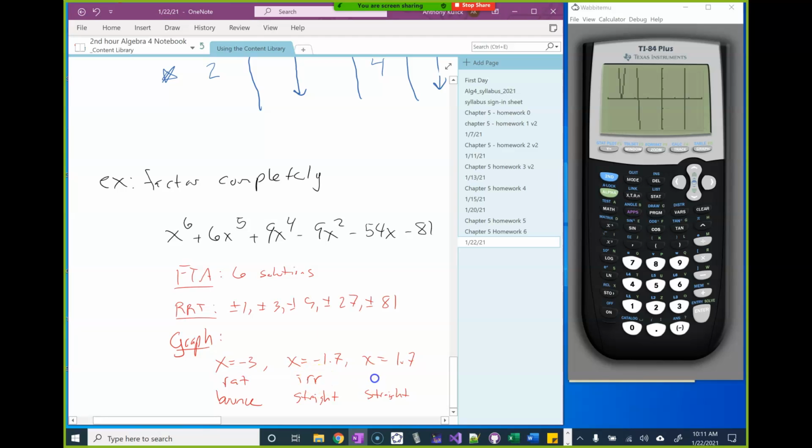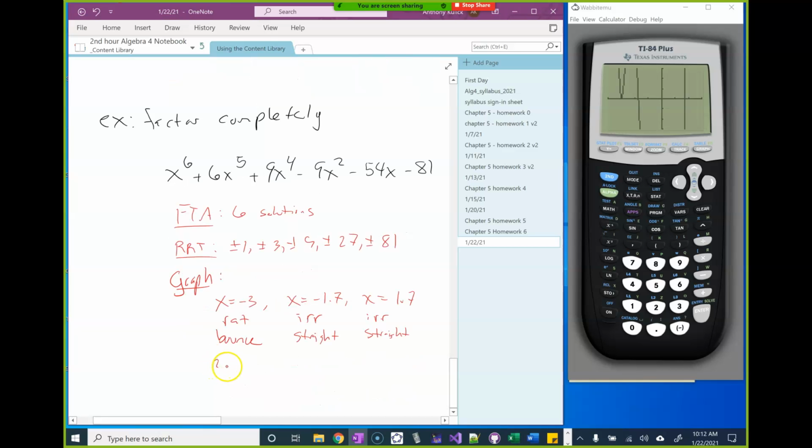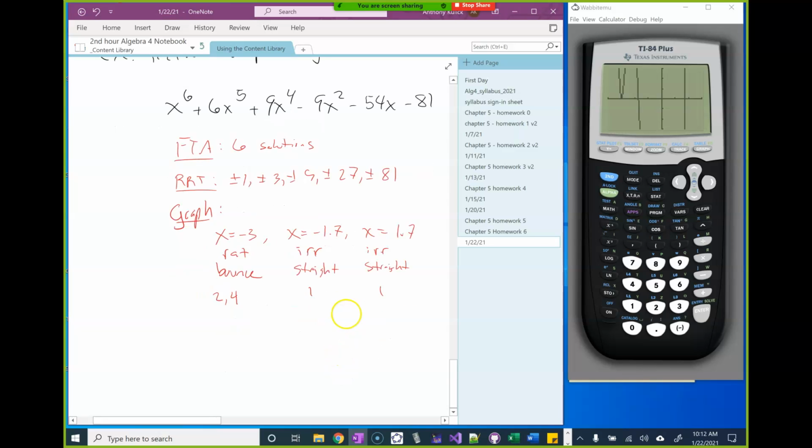So I make my table here of what could be going on. So I could have -3 twice or four times, but I can't have any more or any less than that, because it has to be at least 2 and it has to be less than 6.